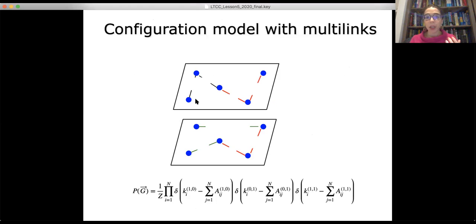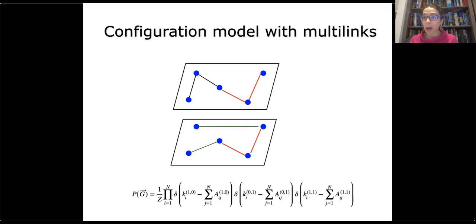For a configuration model of multilinks, we put some stubs. For instance, these red stubs are type 1, 1, which are present in layer 1 and in layer 2. Then we have black stubs of type 1, 0 that are only present in layer 1, and then green stubs that are only present in layer 2. This defines our multi-degree sequence, and then we randomly match the stubs of the same color.